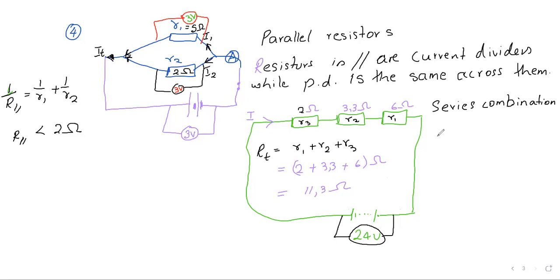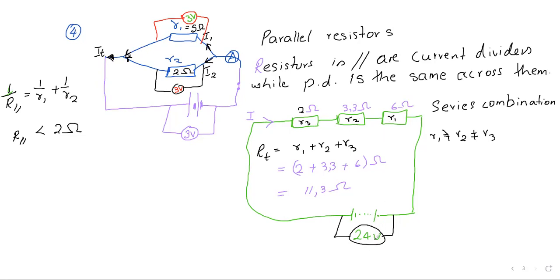The resistance of R1 is not equal to that of R2, and it's not equal to that of R3. These are not identical. If the resistors were identical, they would share 24 volts, that would mean 8 volts here, 8 volts here, 8 volts here.